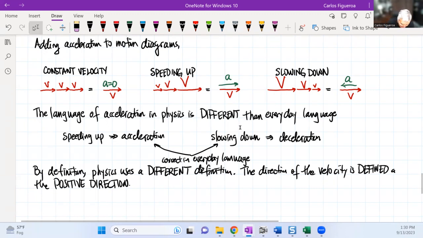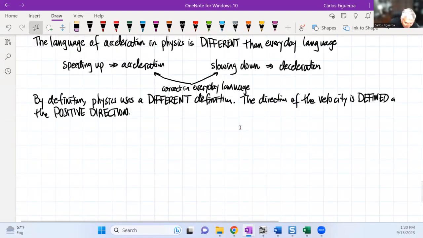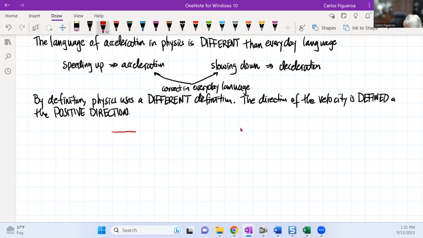So the way we write this is as follows. We then say that our velocity is always in the positive direction, no matter what. So then we pay attention to the acceleration.